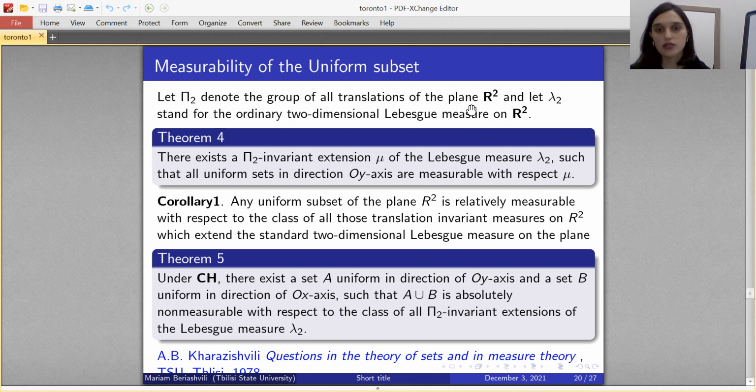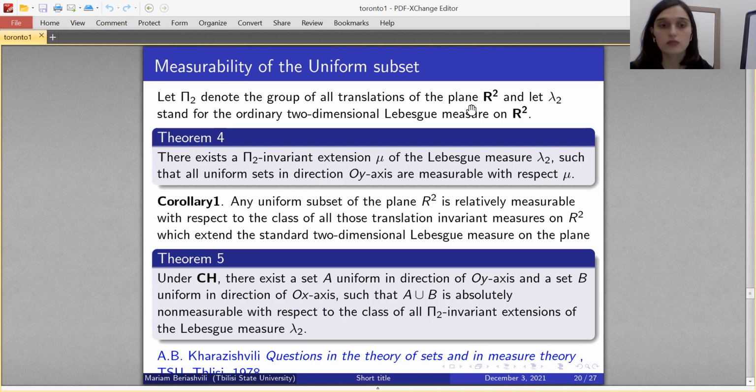Uniform sets in the direction of the y-axis means that we have graphs of functions. And from here, we can say that any uniform subset is relatively measurable with respect to the class of all translation invariant measures, the whole class of extensions of Lebesgue measure.